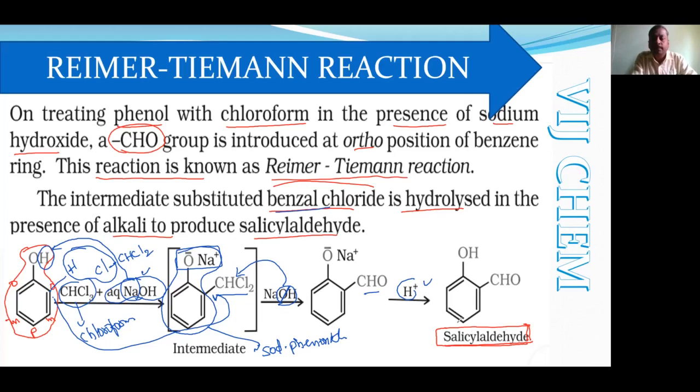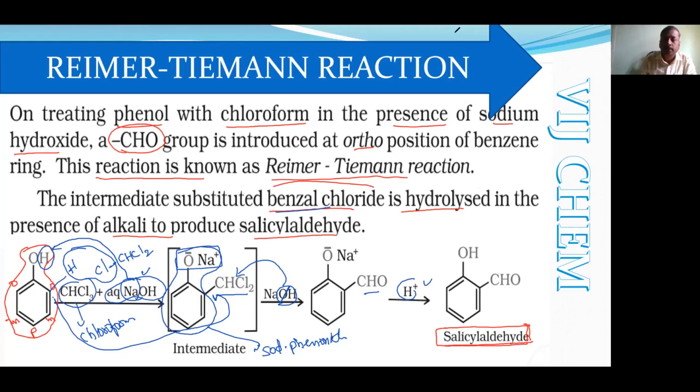With the mechanism, as per the board pattern and the entrance pattern, all preparation is done now. Let's summarize. The Reimer-Tiemann reaction is used to prepare salicylic aldehyde by using phenol with chloroform in presence of aqueous NaOH.